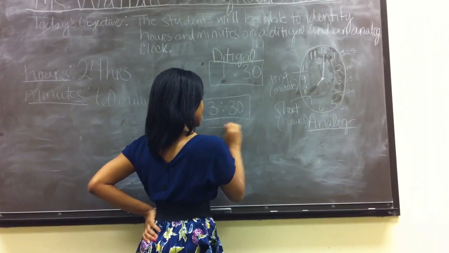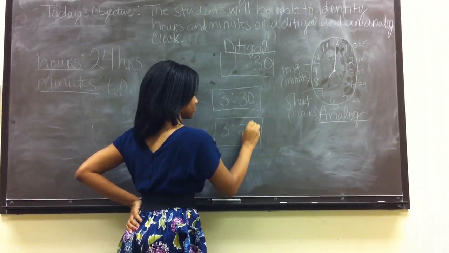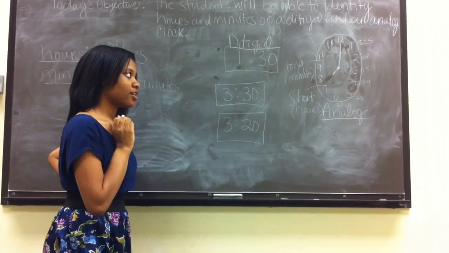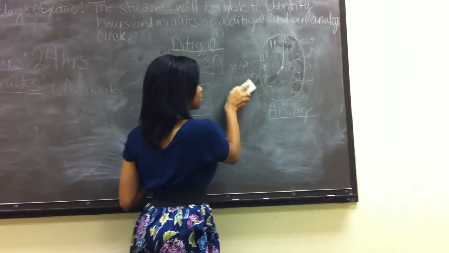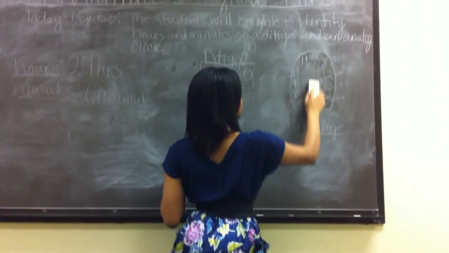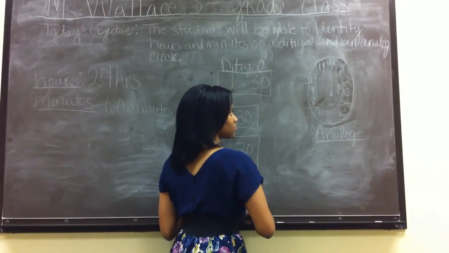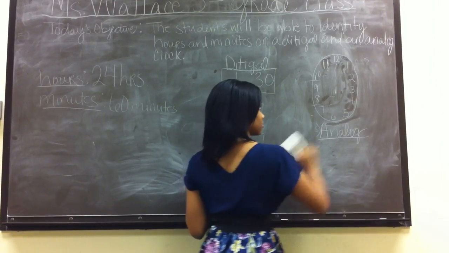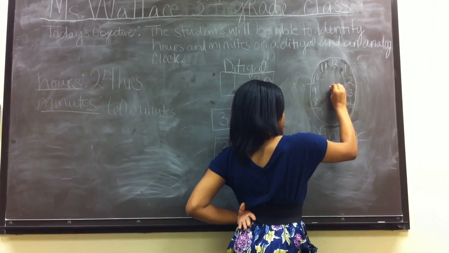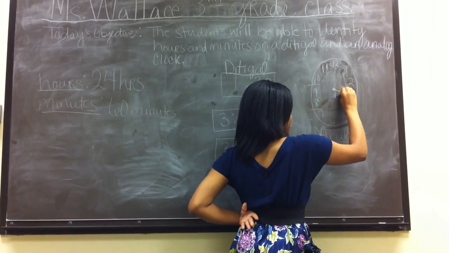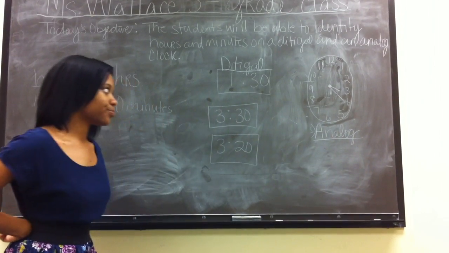So it has to be like this: 3:20. So if I was to draw it on my analog clock, how would it look? The shorthand will be on the 3 and the longhand will be on the 4. So you're telling me if I put the shorthand right here and the longhand right here, that'll be 3:20.